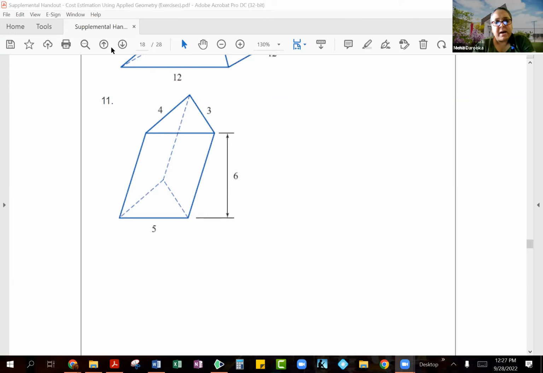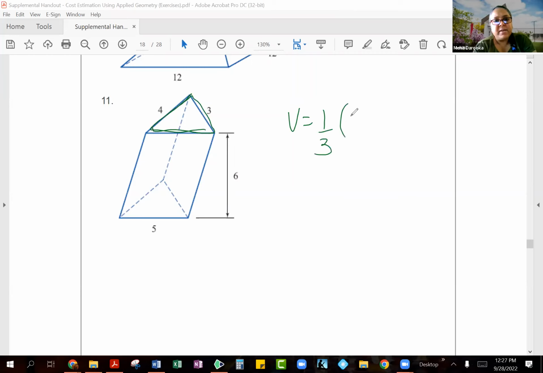So this one is actually going to be a little bit different in terms of how you calculate, Sabrina. So this guy would be finding the area of the base here, which would be a triangle.